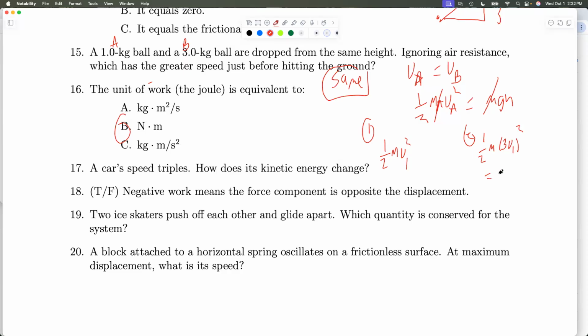Square both of those. I'm going to get 1/2 m times 9 V1 squared. Then I'm going to move this 9 in front. That right there was this. So we get 9 times the initial kinetic energy. We get 9 times greater.